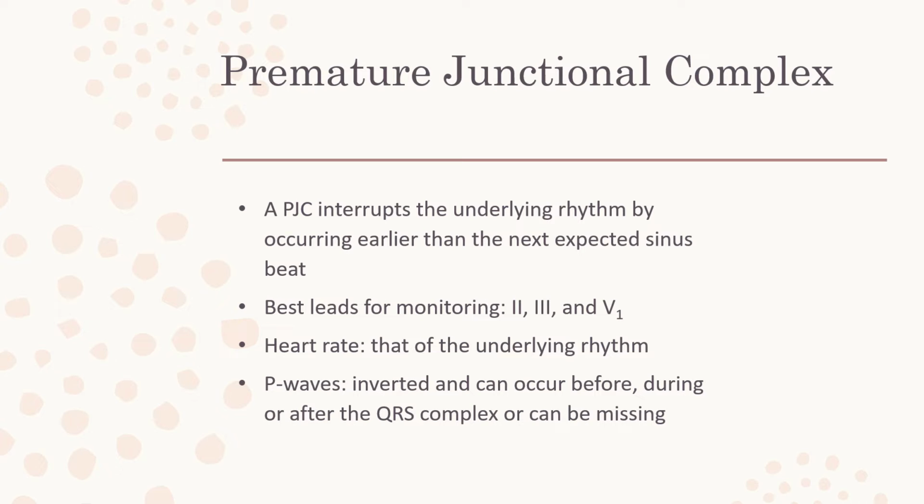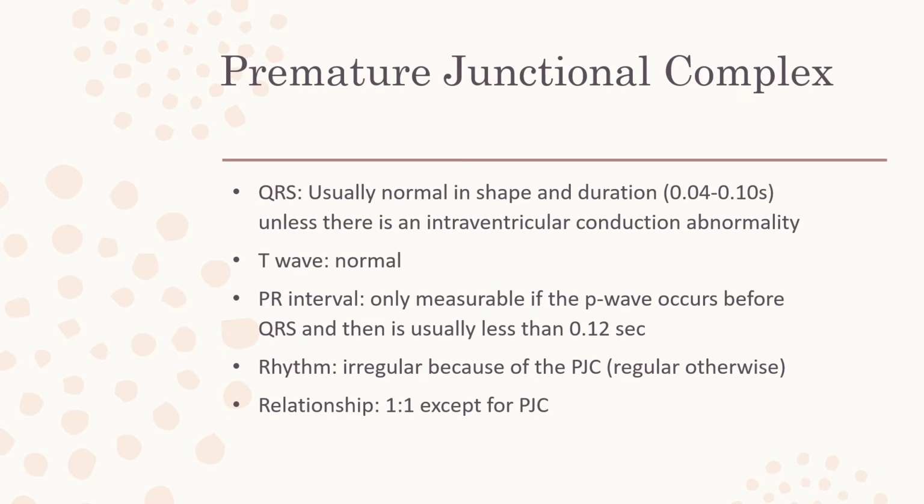The QRS is usually normal in shape and duration, 0.04 to 0.1, unless there's some type of intraventricular conduction abnormality, which you guys are going to talk about later on down the road. And our T wave is normal.